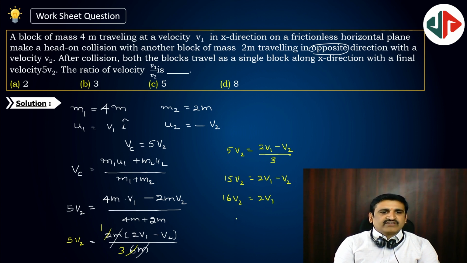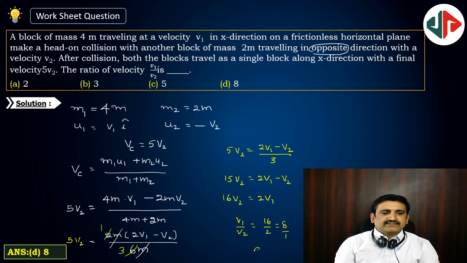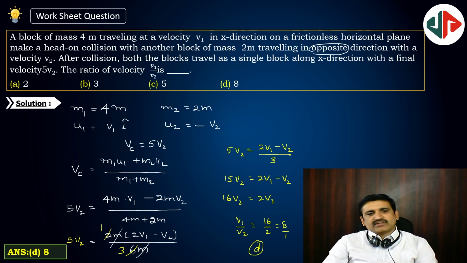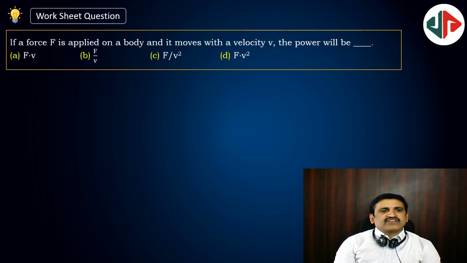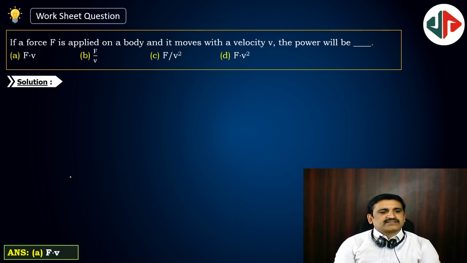And then we want v1 by v2. v1 by v2 is equal to 16 by 2, that is equal to 8 by 1. Okay, option D. Yeah. So common velocity formula is m1 u1 plus m2 u2 by m1 plus m2. Next. If a force F is applied on a body and it moves with a velocity v, the power will be force into velocity.